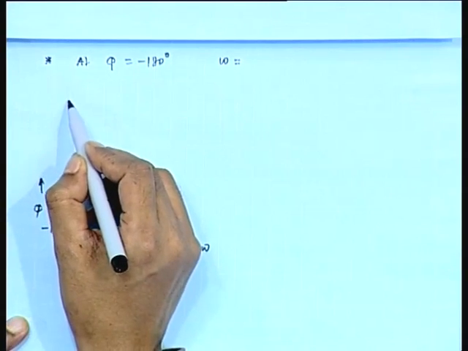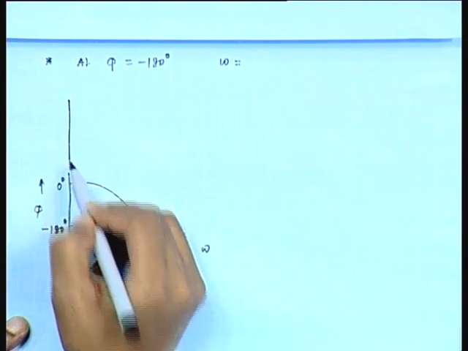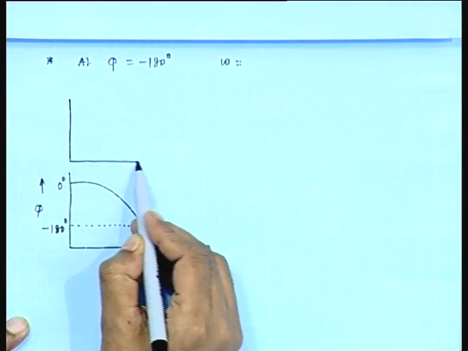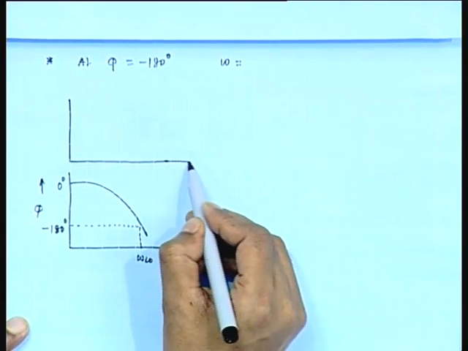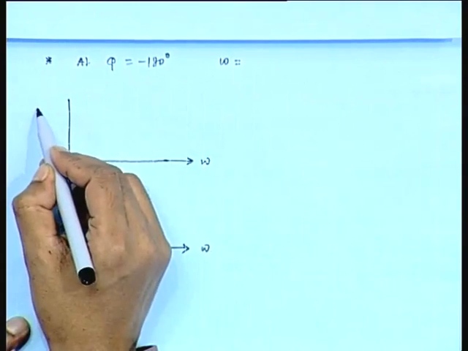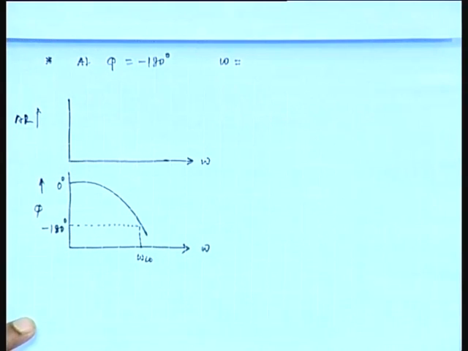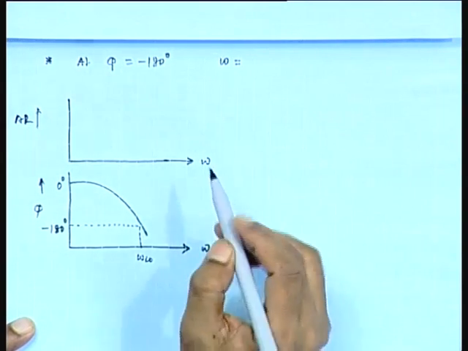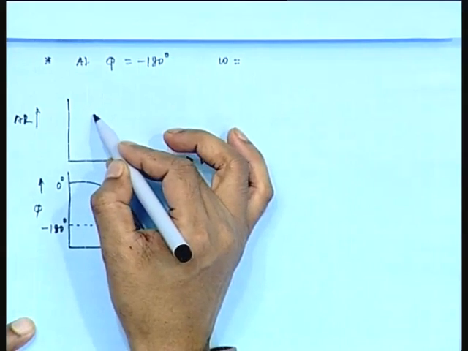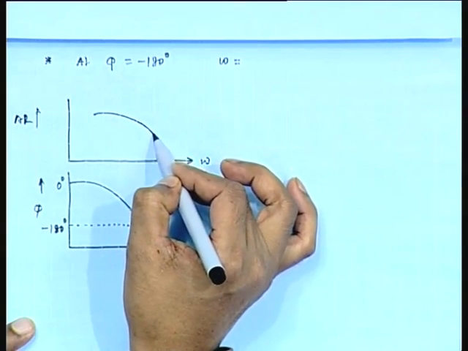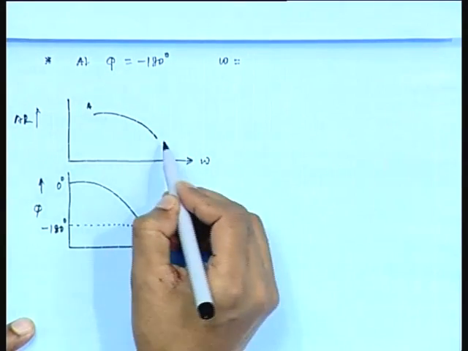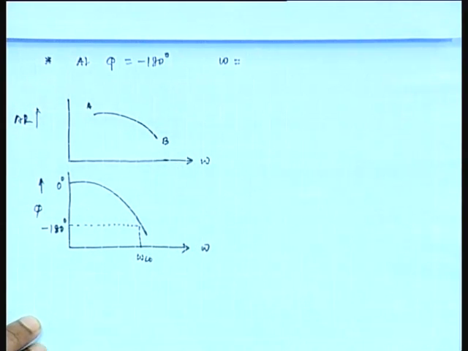Now, above this we will draw amplitude ratio versus omega. Suppose this AB curve we obtain for Kc equals 1.